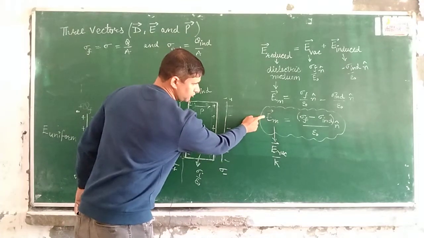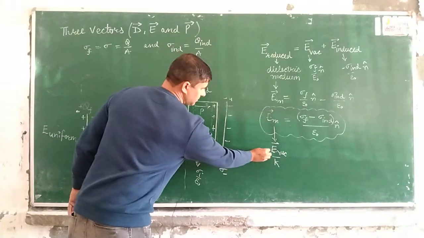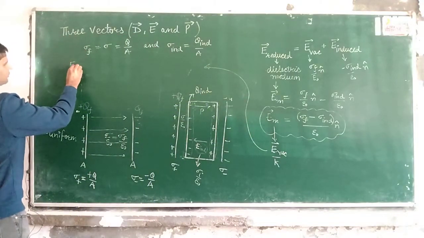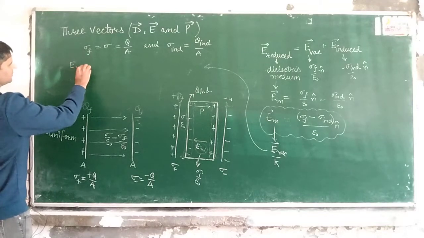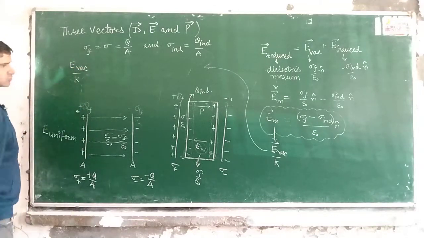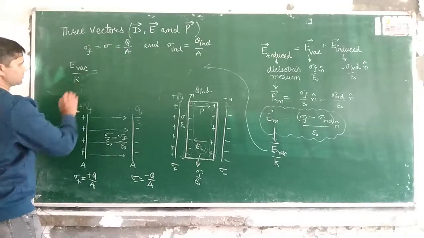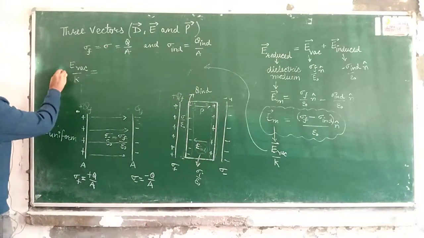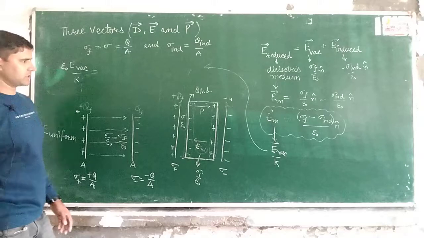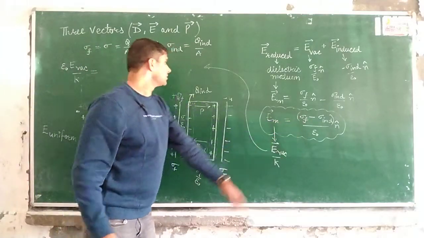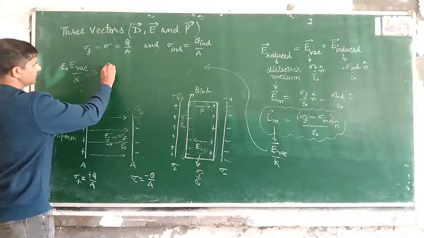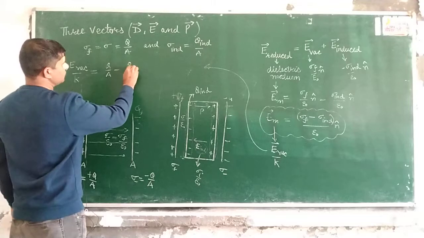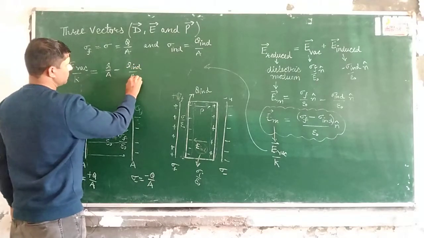We will adjust the value of electric field in the dielectric medium, and then this relation will become E vacuum divided by the dielectric constant, and this will be equal to, you take epsilon node on this side, and here you have sigma free. So sigma free can be written as Q by A, and then you have minus Q induced by A.